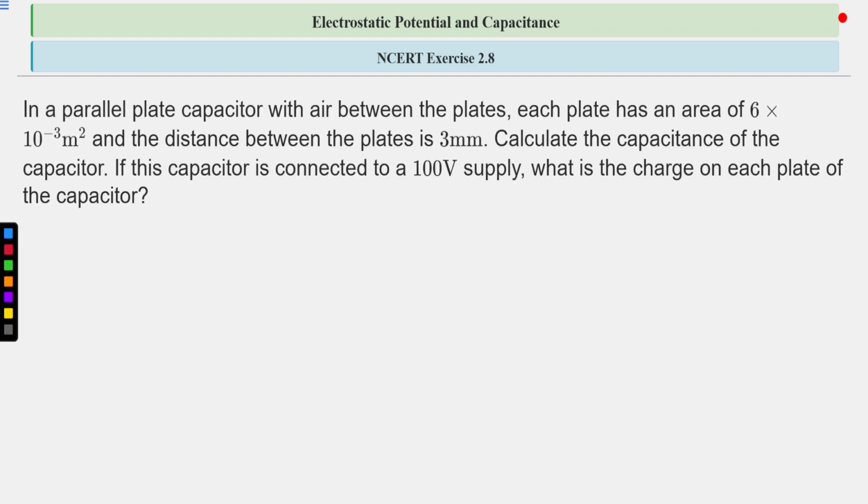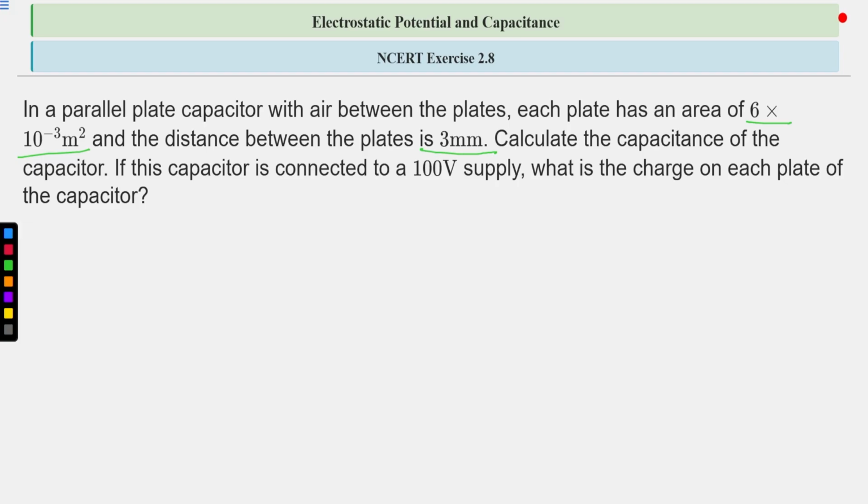So next question, exercise 2.8. In a parallel plate capacitor with air between the plates, each plate has an area of 6 into 10 to the power minus 3 meter square, and the distance between the plates is 3 mm. So this is A, the given area, and this is D, given 3 millimeter.